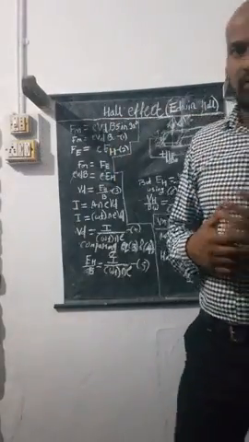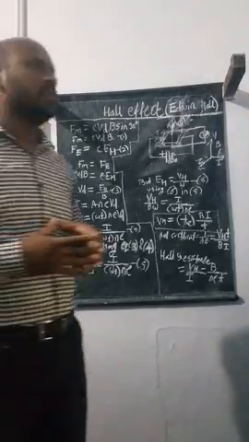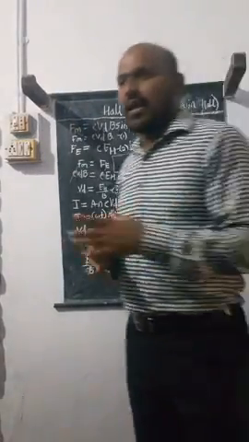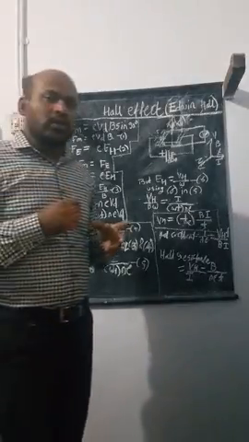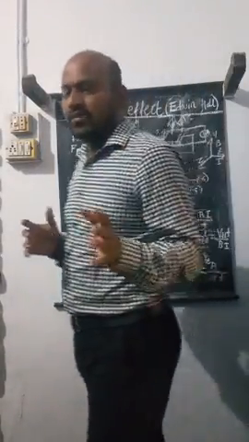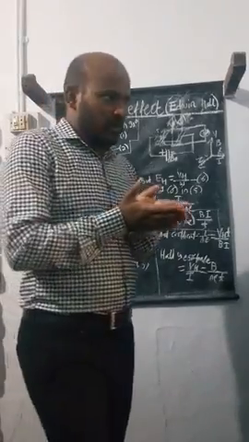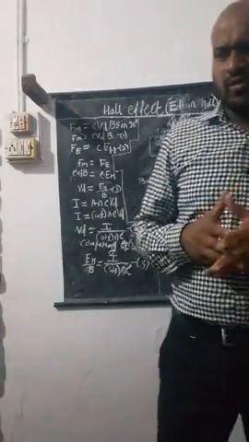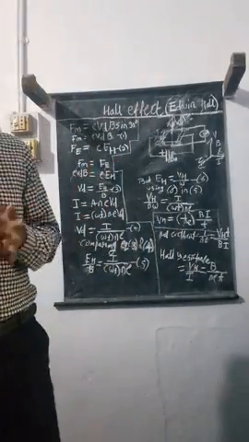Basically two bands are used to classify solids or metals: the valence band and the conduction band. In a conductor, the valence band and conduction band overlap each other, the energy gap is zero, so conductivity is very high and resistivity is very low.